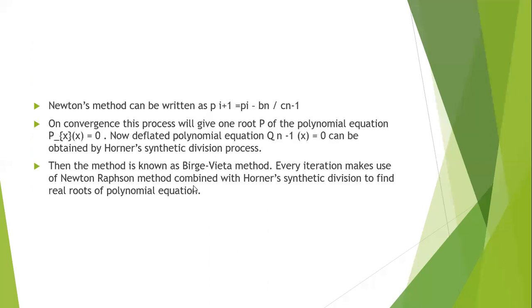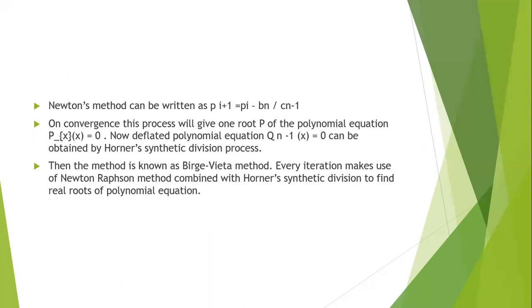By using Newton's method, we can write p(i plus 1) is equal to p(i) minus bn upon c(n minus 1). This is the equation to find the next value, after solving each iteration.